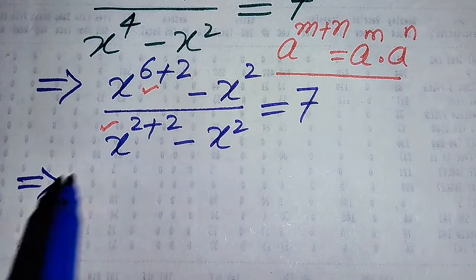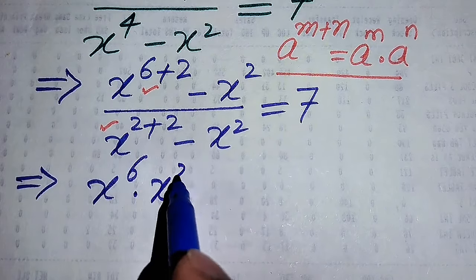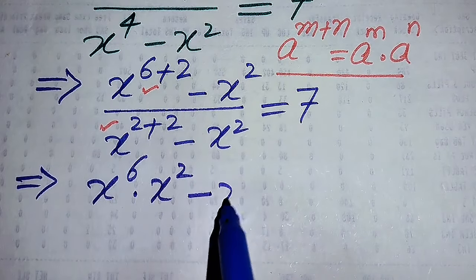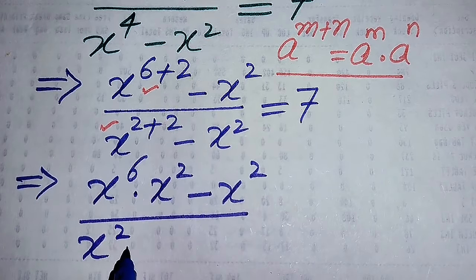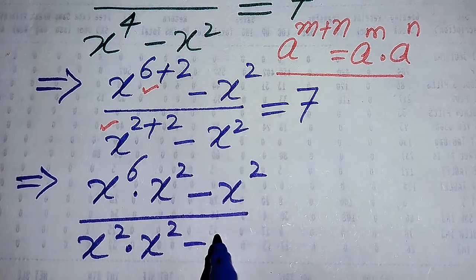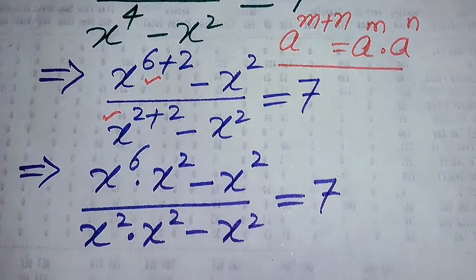After applying this rule, it will be written as x to the power of 6 multiplied by x square, minus x square, divided by x square multiplied by x square, minus x square is equal to 7.